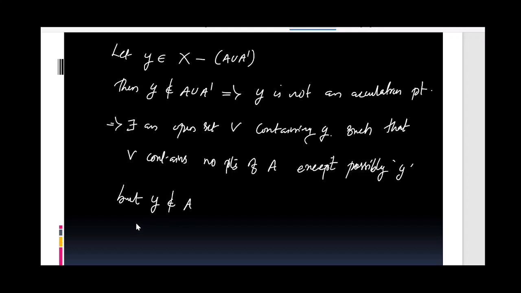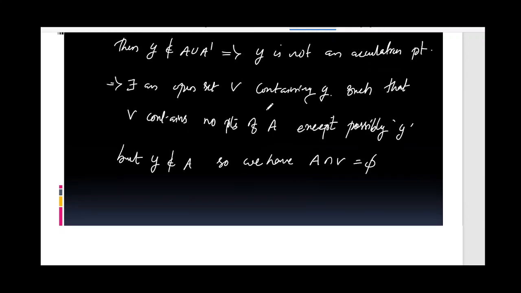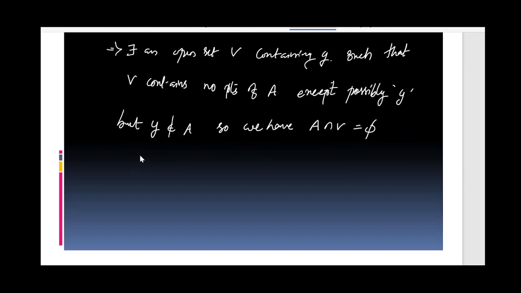What will happen if Y belongs to A? Then it's a contradiction, right? So we have A intersection V is empty. We claim that A dash intersection V is also empty.